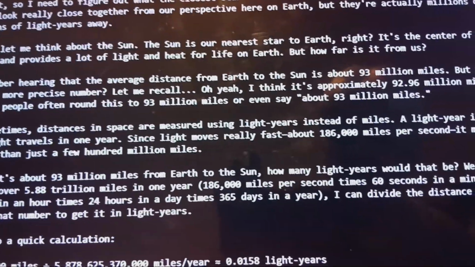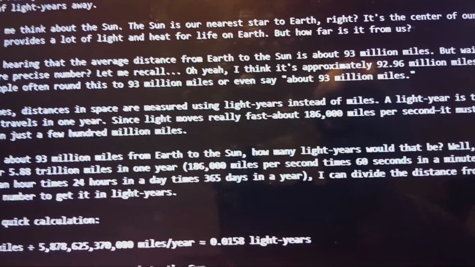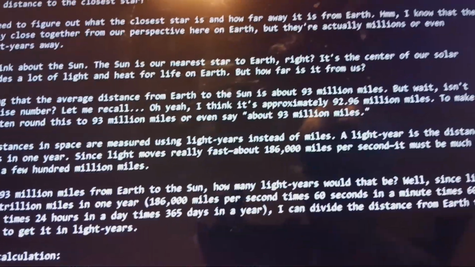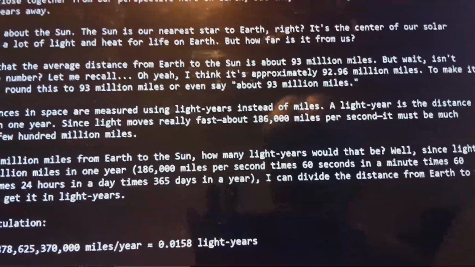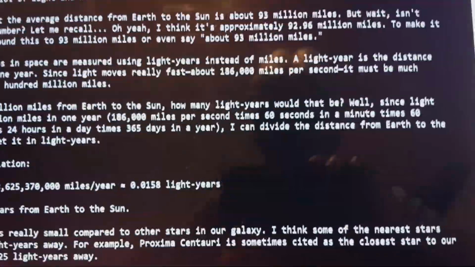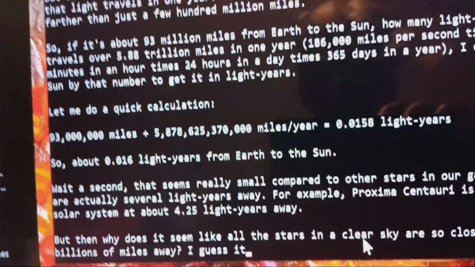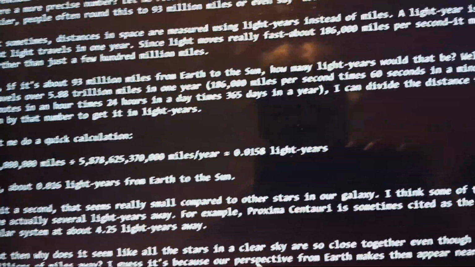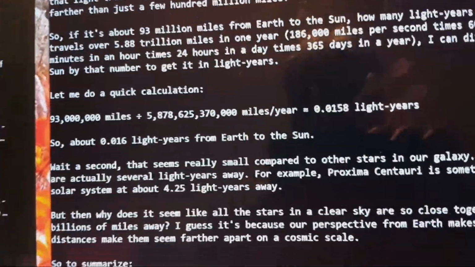But now it's thinking about other stars. I think some of the nearest stars are actually several light years away. For example, Proxima Centauri. That's the closest star outside of our solar system. It's 4.25 light years away. Do you see how much thinking this thing is doing?